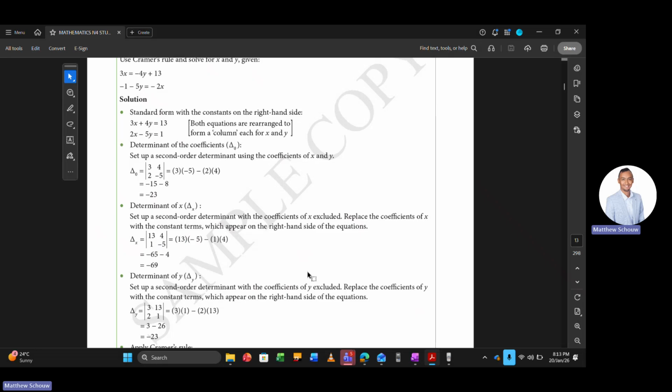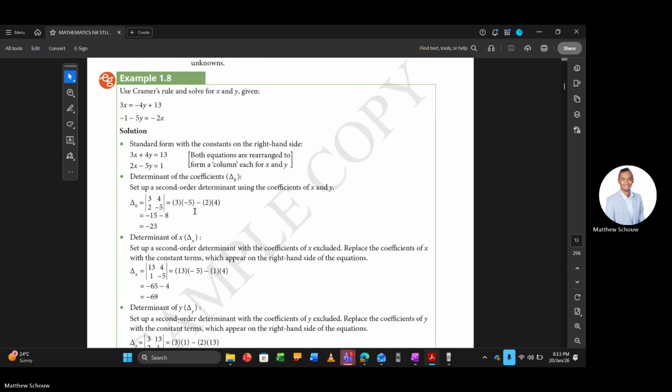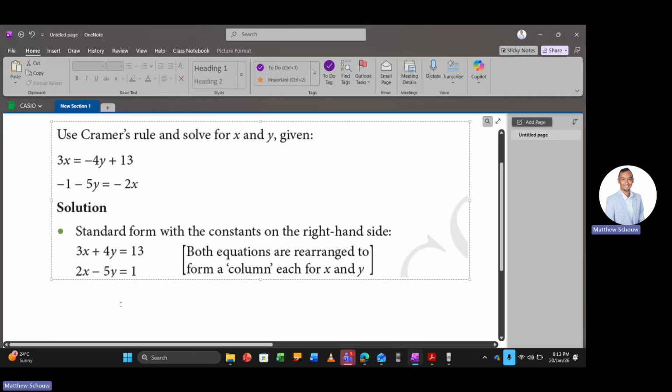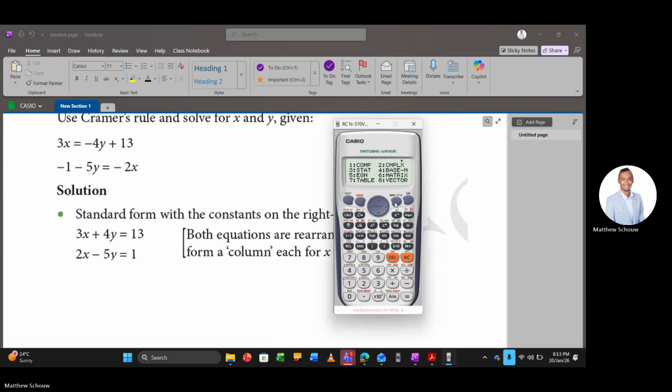What I'm going to show you first is how to actually get the X and Y values to meet this equation, assuming that you understand that when you find your X and Y values and put them back into these equations, it should give you this answer. Let me show you how to do a 2x2, or two equations, two unknowns. You've got your Casio over here.